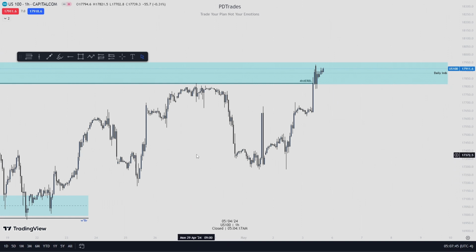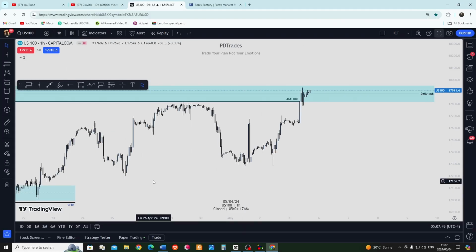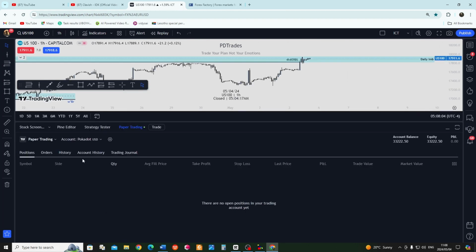You understand? And if you see me putting on trades, that is just paper trading. I'm trading using my phone, but when I put on trades on TradingView, it's paper trading. That's what I love about TradingView as well: you can be practicing.